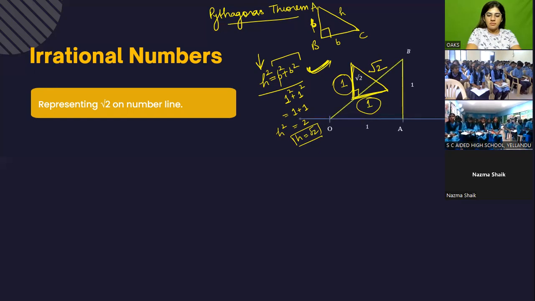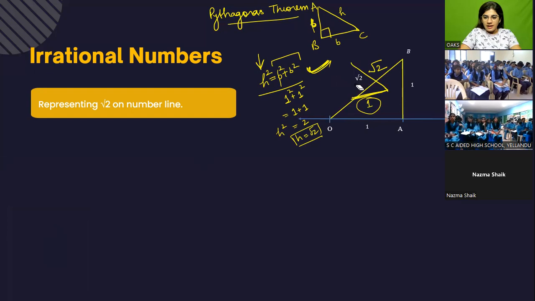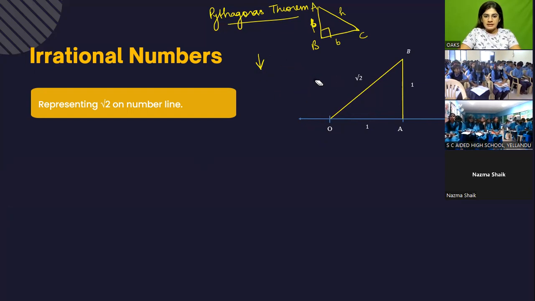Okay. I have to erase something. You can see from here. Everybody understood about how we take 1 and 1? Okay. So can you see this? This is a right angle triangle. This is a number line. On the number line, we have taken OA as 1 unit.